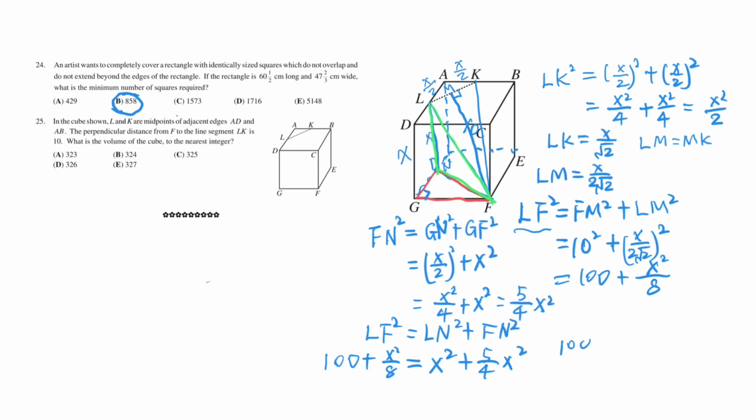Solve this equation. 100 equals x square plus 5 over 4 x square minus x square over 8.